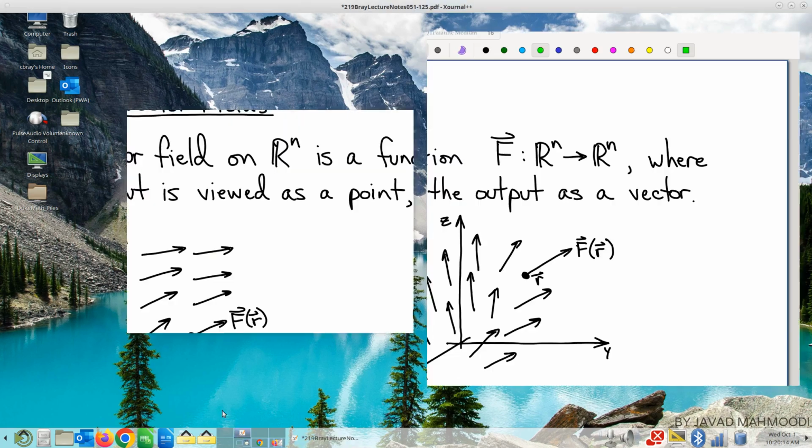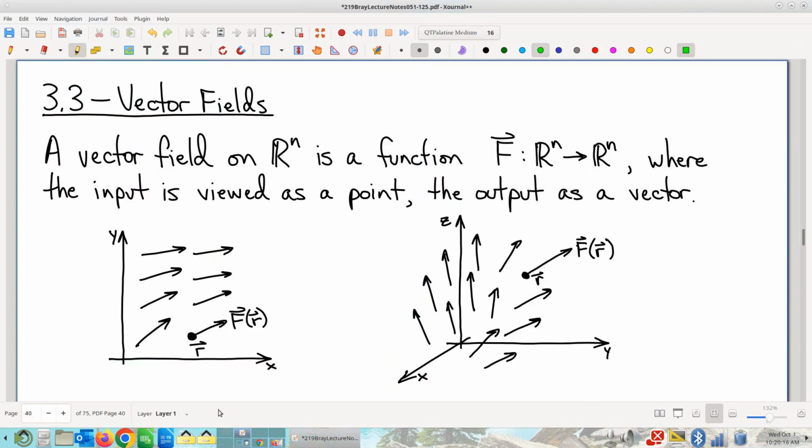And back into the math. So here's what we were doing. We were talking about vector fields. It's a new mathematical object, right? I suppose it's technically not new in the sense that it's a function from Rn to Rn.